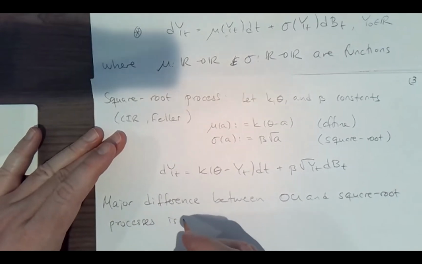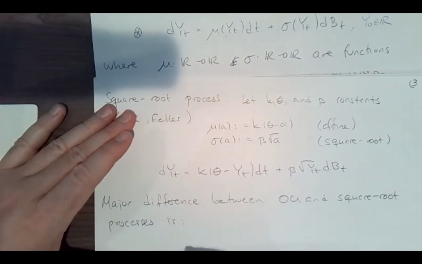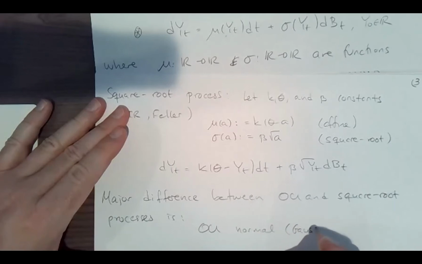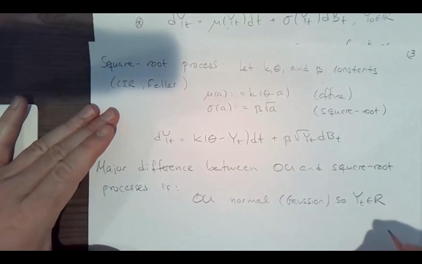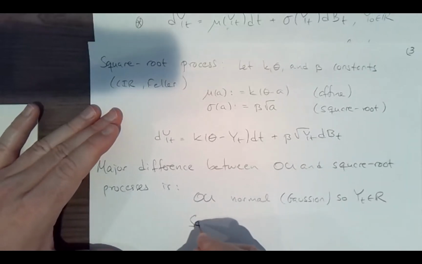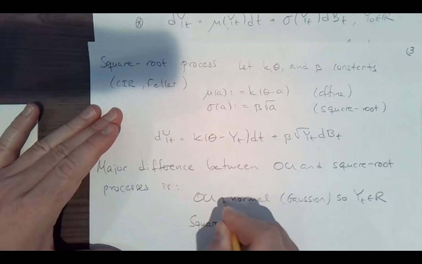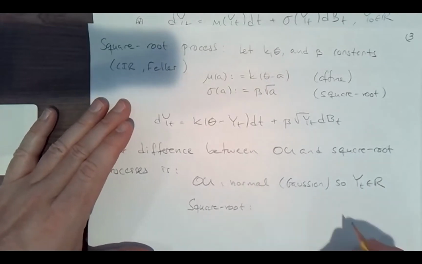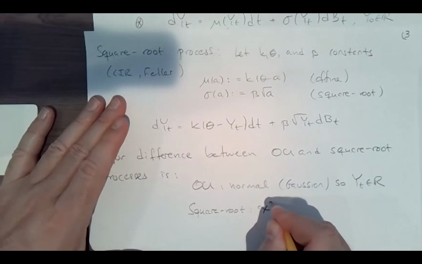The OU process is going to be normal, Gaussian, so yt takes values in R. The square root process is going to be chi squared, you'll see this in the homework.